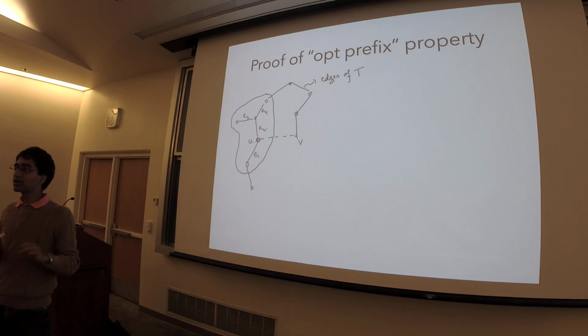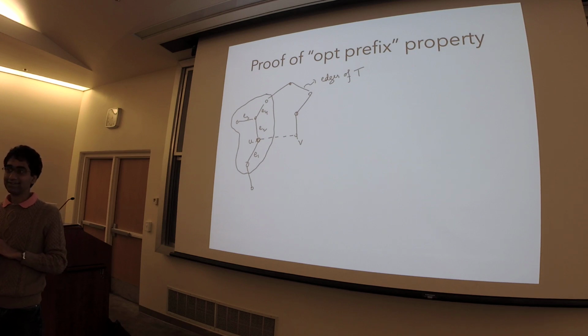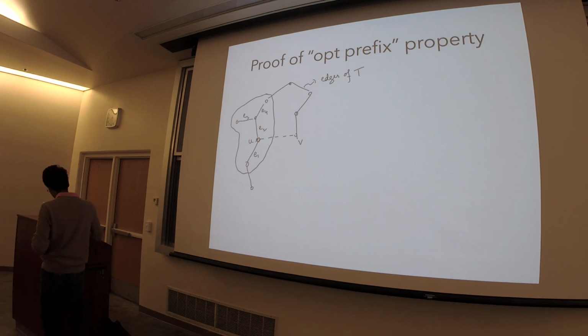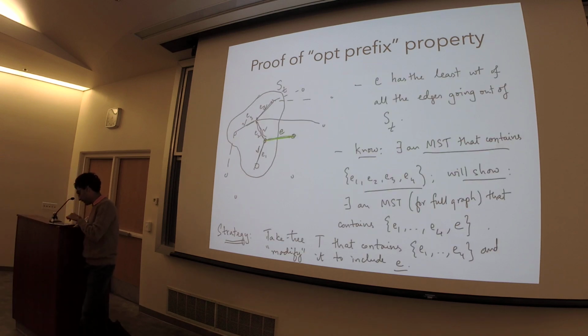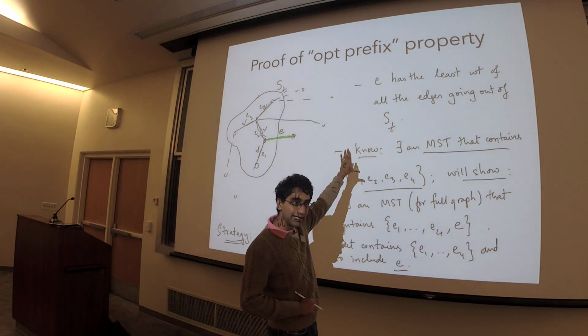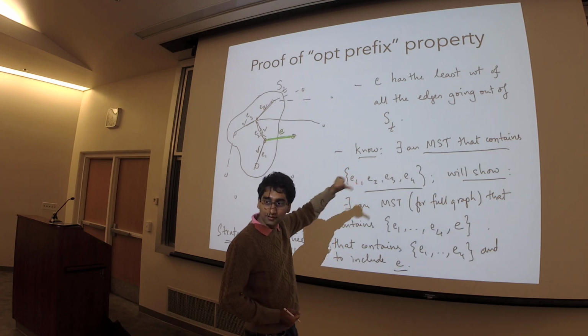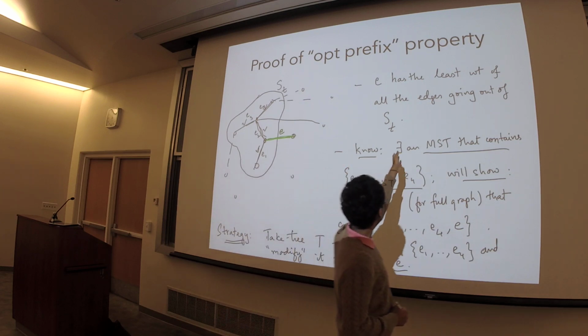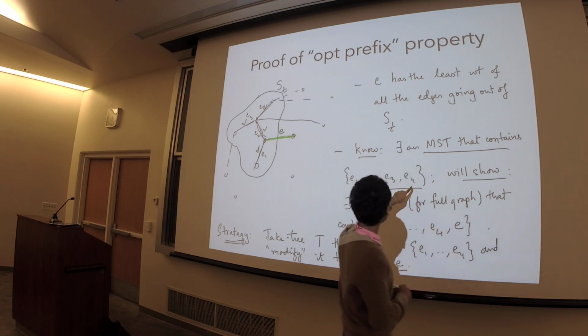Actually, who is not clear what T is? Okay, so some of you are not clear about what T is, right? Okay, good. That's what I figured. Okay, so T is this minimum spanning tree that was promised to exist by the inductive assumption. We said that there existed an MST that contains E1, E2, E3, E4.